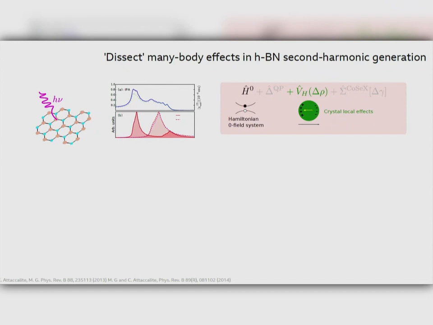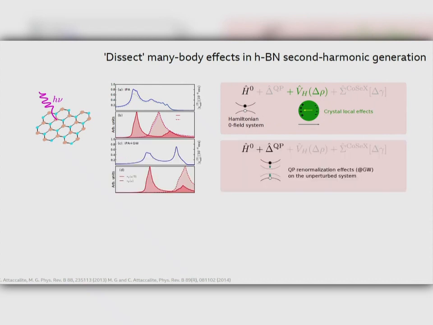Then, interestingly, we can also look at what happens when we include crystal local field effects by looking at the changes in the mean field potential. These are very, very small effects. They are almost not visible in the linear regime, but they are quite visible in the second harmonic because of the sensitivity of the second harmonic to changes in the field.